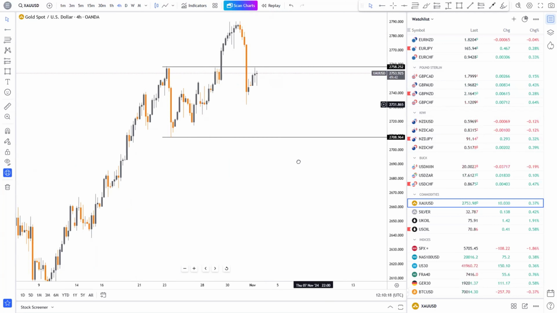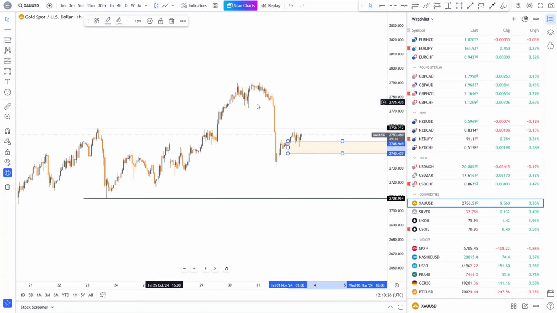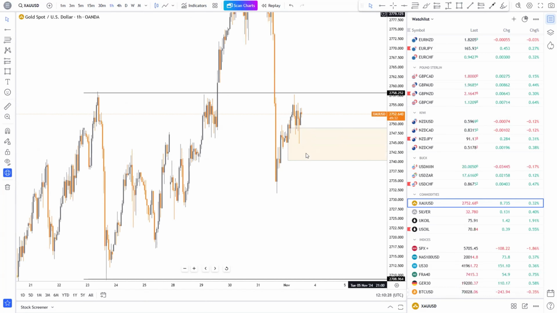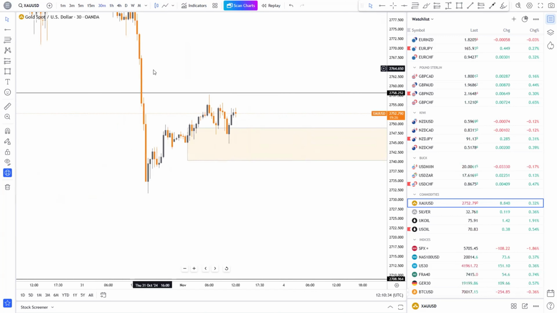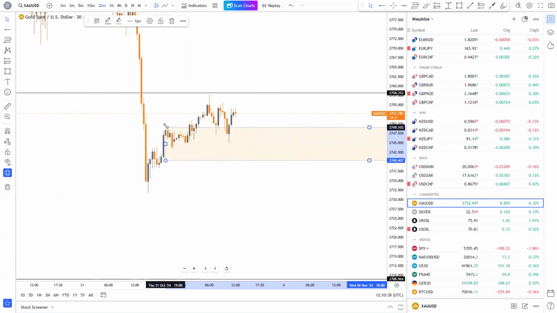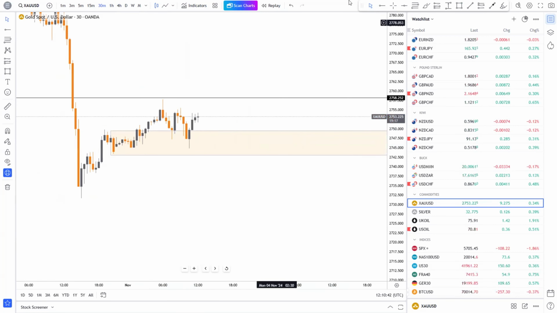So from here, 1 hour, let me check the 30 minutes time frame. Price came to test into this area of liquidity, then pushes further up.